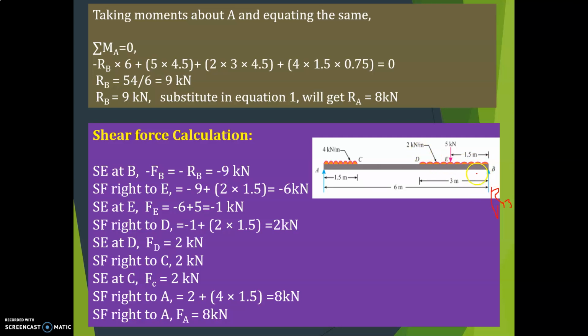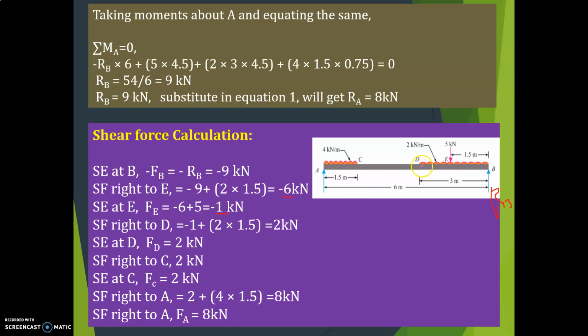So shear force right to E is minus RB plus 2 into 1.5, you get minus 6. Next, shear force at E. Till here it is minus 6 plus 5. Right side downward is plus, so that is equal to minus 1.